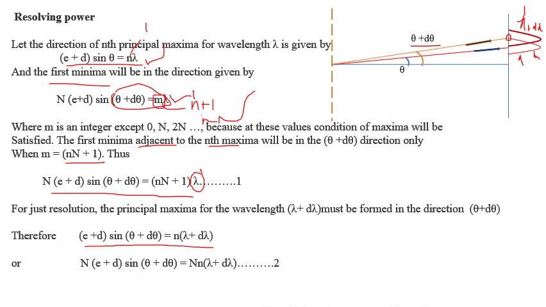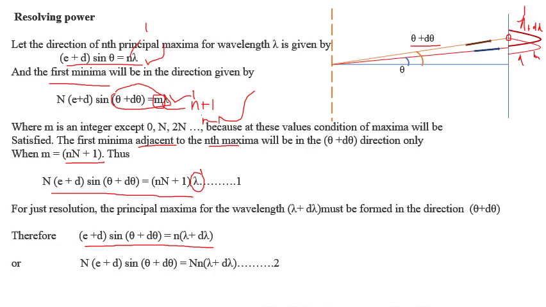Now what we are doing is multiplying capital N on both sides. Why? Because when we multiply N on both sides of the above equation, we get N(e plus d) sin(theta plus d theta). And if we go through equation number 1, there also we find that nN plus 1 lambda is equal to N(e plus d) sin(theta plus d theta).